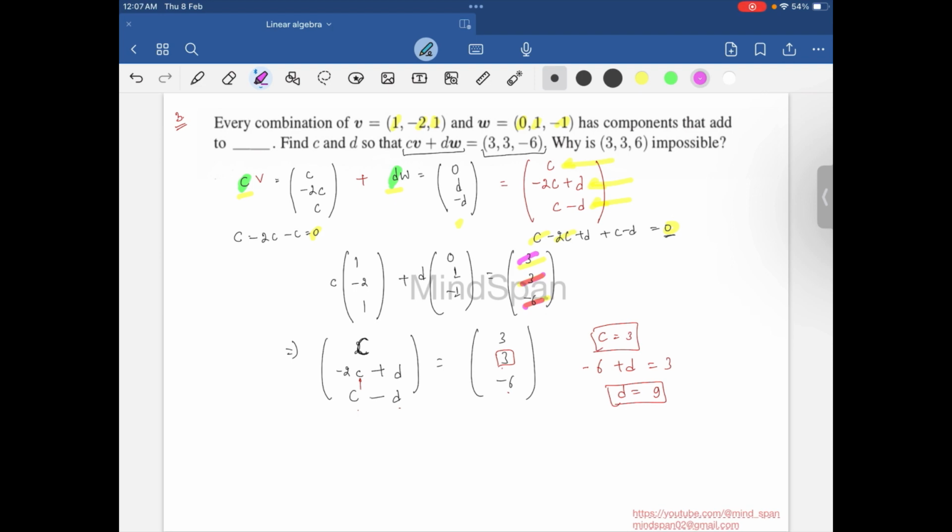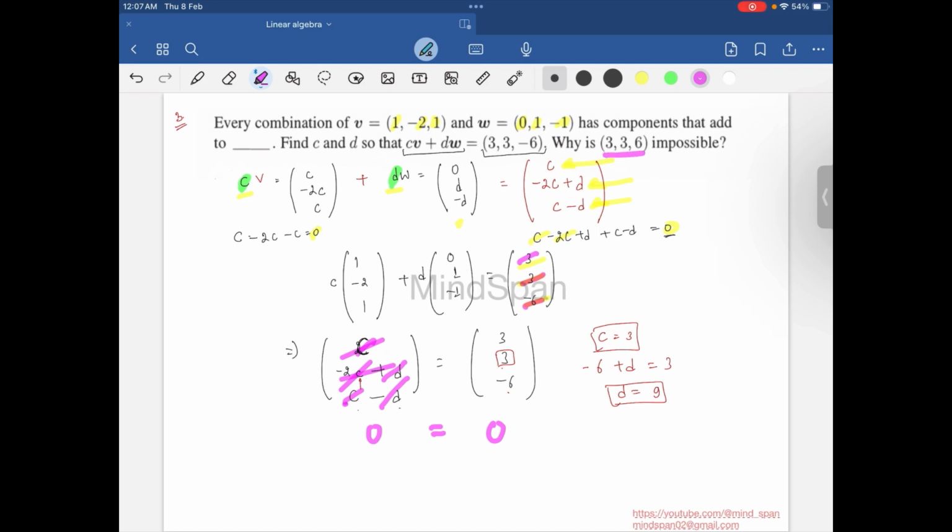And the left hand side is also going to give you 0. So 0 is equal to 0.